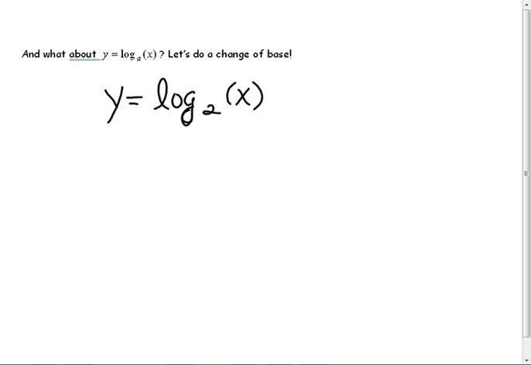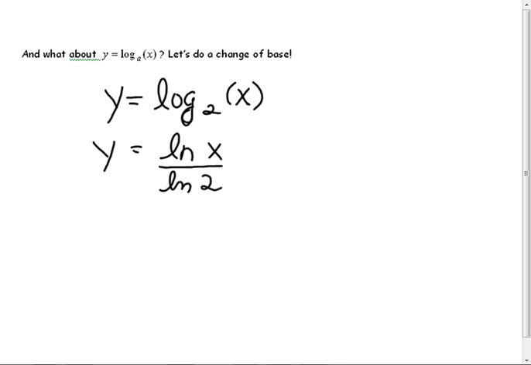But you remember the change of base form. I want to go to natural log. So it's the natural log of the argument, which is x, divided by the natural log of the base. That's the change of base. Remember that? I do it, so I have to memorize the other derivative, because I never remember it.